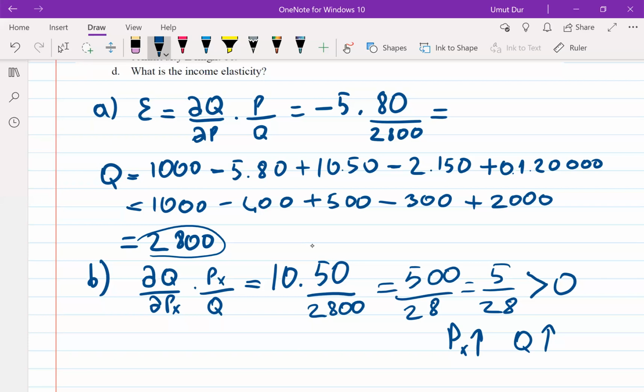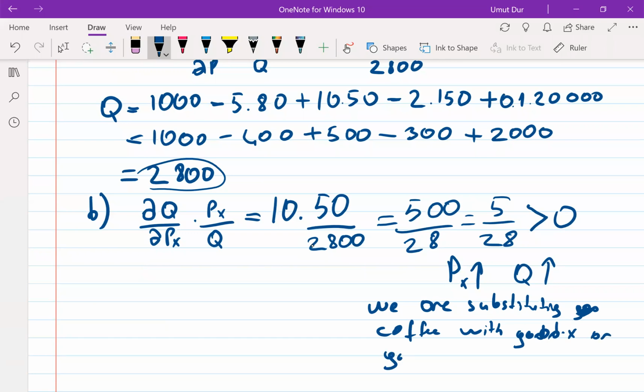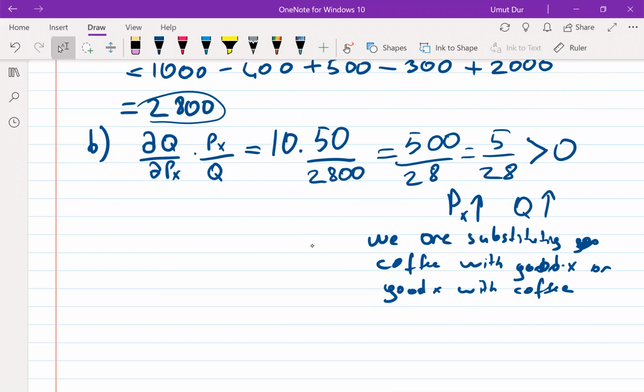This positive sign tells us that we are substituting coffee with eggs, or eggs with coffee. Whenever buying the other good becomes more expensive, I try to buy more coffee, and these two goods are substitutes.